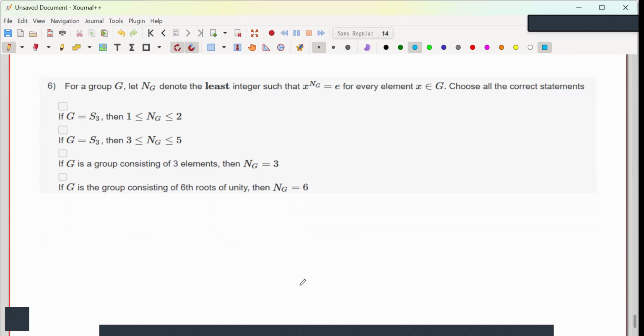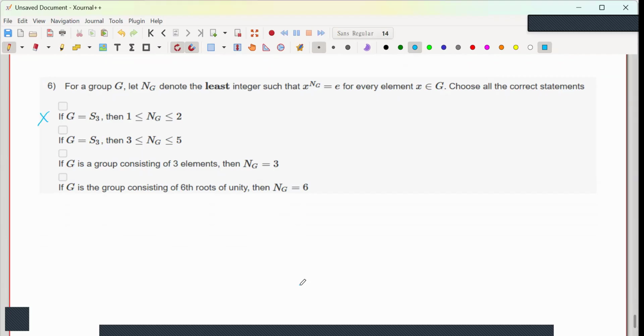So here ng denotes the least integer such that x to the ng equals identity. Basically, ng is just the order of the element x inside the group G. Then we need to choose the correct statement. If G is S3, then ng is between 1 to 2. Is it correct? No, sir. Consider the 3-cycle 1, 2, 3.